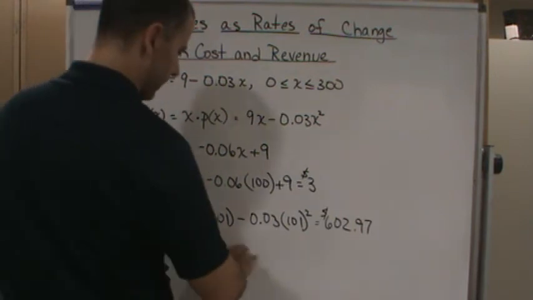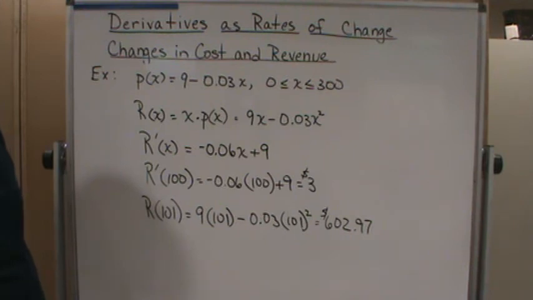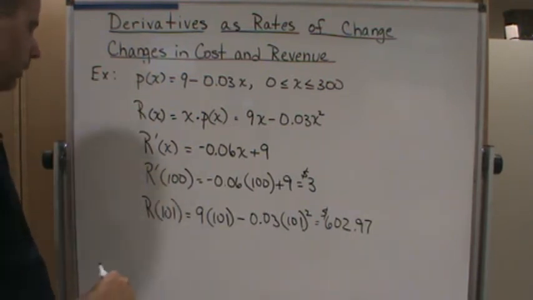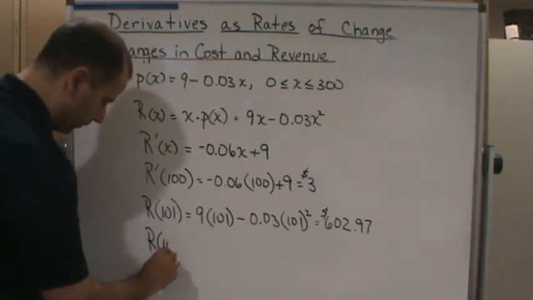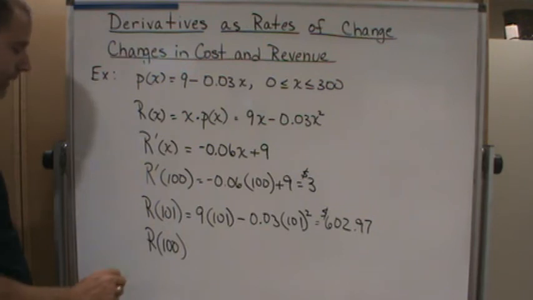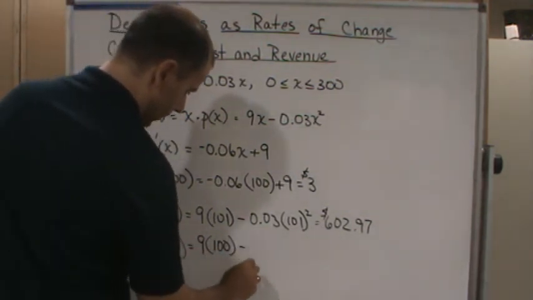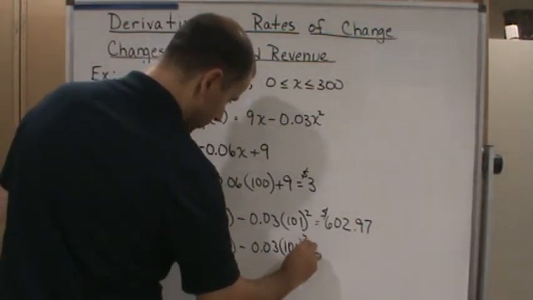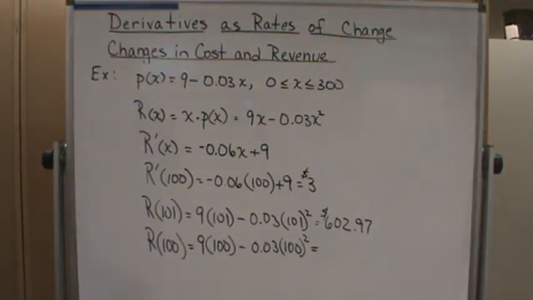So this is the revenue that we get for selling 101 dinners, right? Well, we don't want the revenue for selling 101 dinners. We want the revenue for selling the 101st dinner. Well, how are we going to get that? Well, what we're going to do is now we got to calculate the revenue for selling 100 dinners. So that would be 9 times 100 minus 0.03 times 100 squared. And again, use your calculator when you round to the nearest penny.